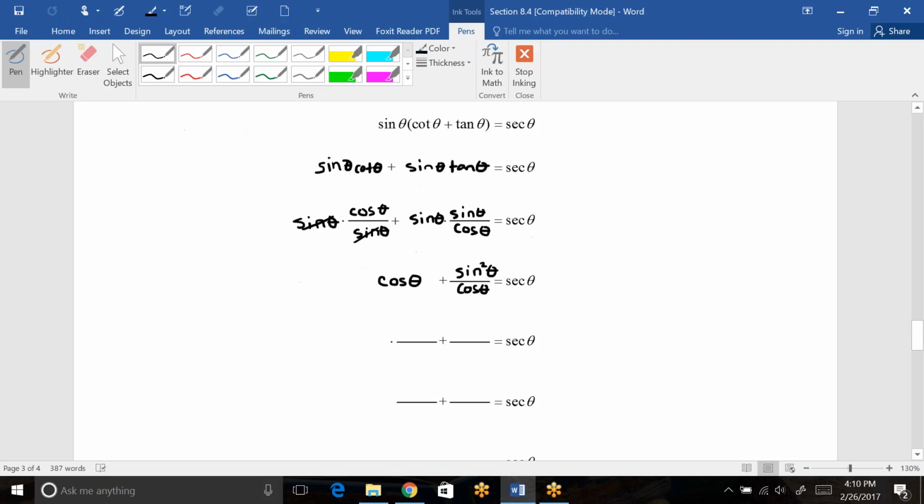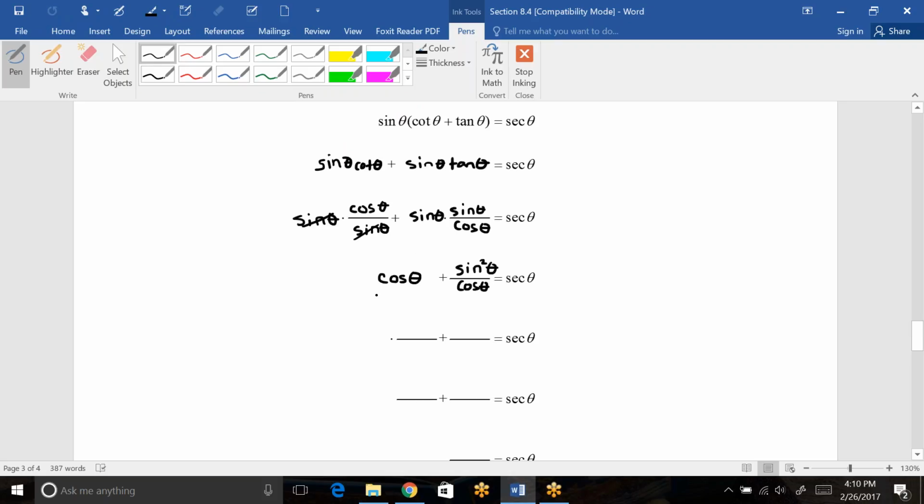Okay? And then notice that we can multiply cosine theta over 1, if you kind of want to think of it that way, by a cosine theta over cosine theta. What that's going to do is give us a common denominator. So anytime you have a fractional part and a non-fractional part, you want to see if you can put them together, especially if you have a single thing on the other side.